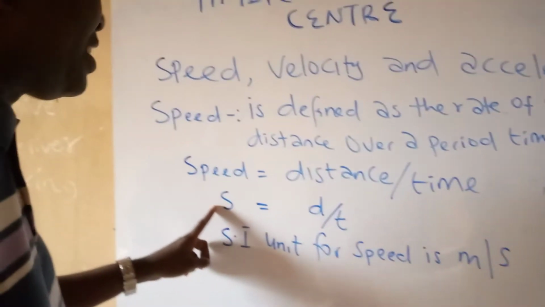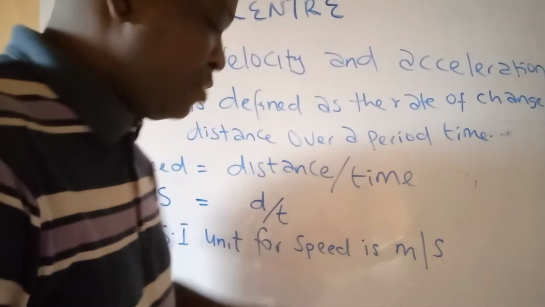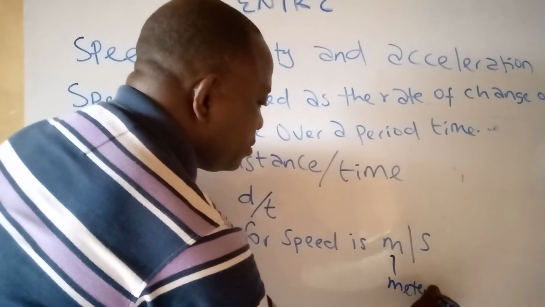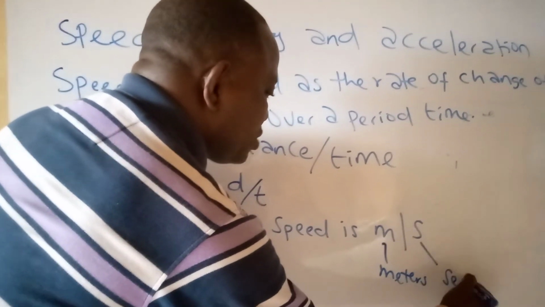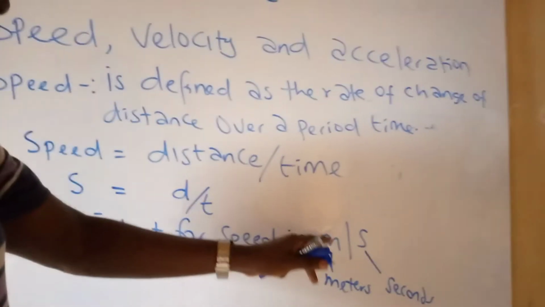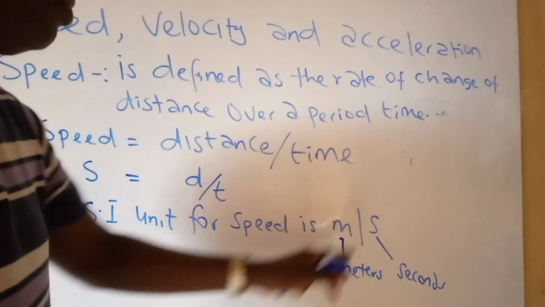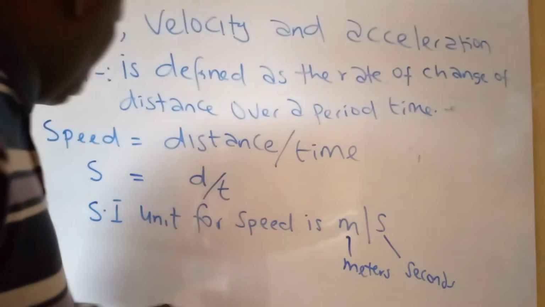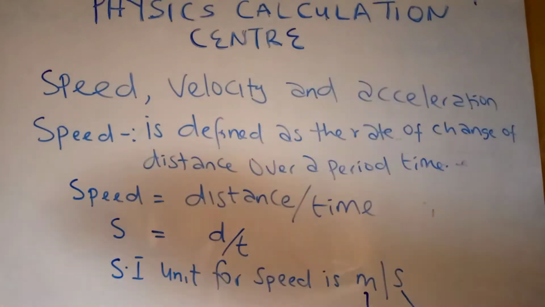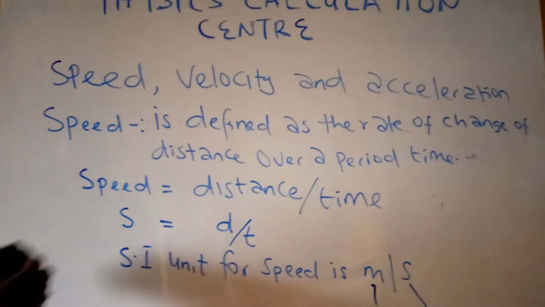So for every speed calculation, your answer must carry this unit. M stands for meters and S for seconds. If you would remember, I said speed is distance over time, meters per second. Okay, now we have seen speed.